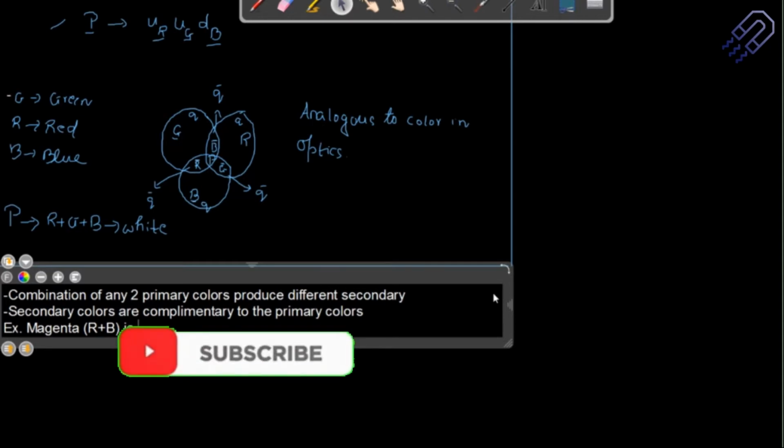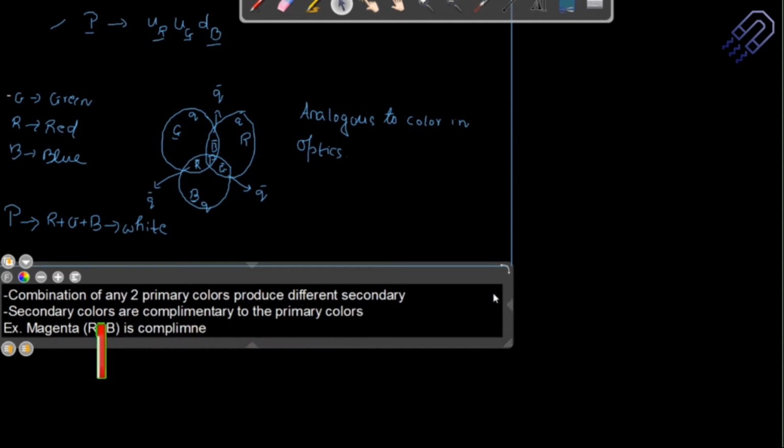So red plus blue will give you magenta, and this is complementary to green. That's why we call it G bar.